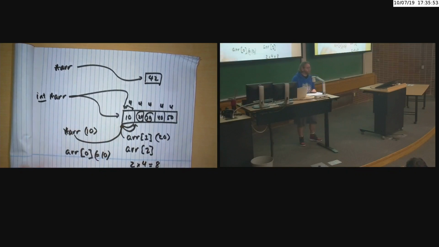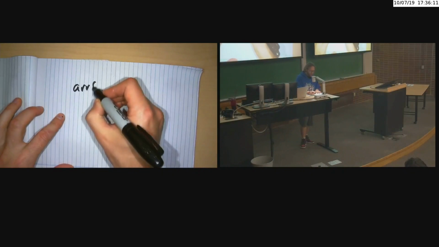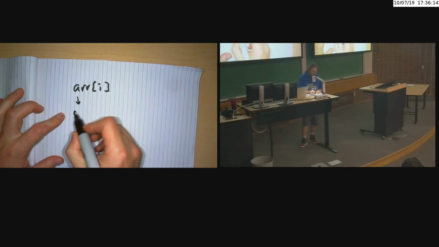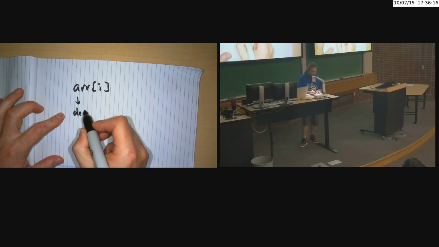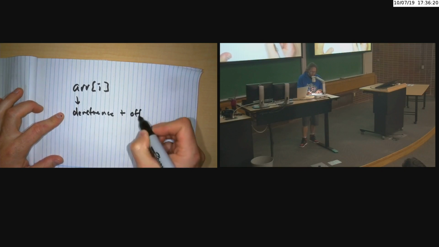And this is how memory actually works, in C at least. That this indexing scheme here is actually a way of doing what's called pointer arithmetic. That you're going to a certain memory location, and then you're going to an offset. Okay? So when you do something like ARR sub I, right, this is equivalent to a dereference plus an offset.